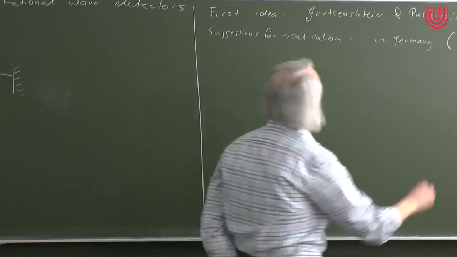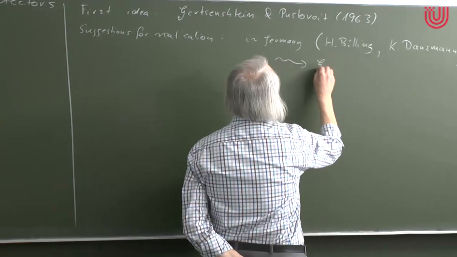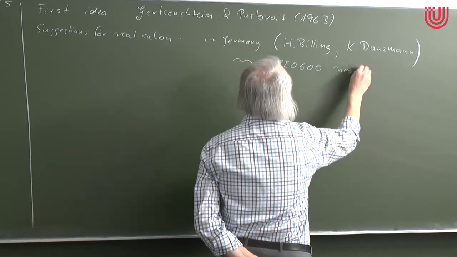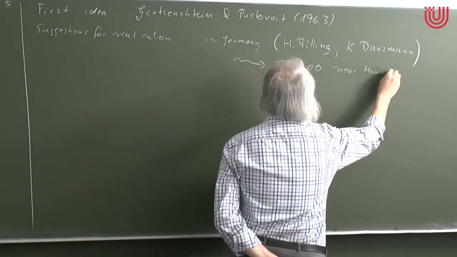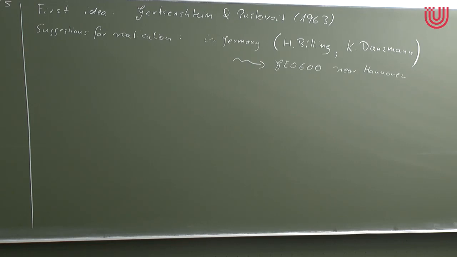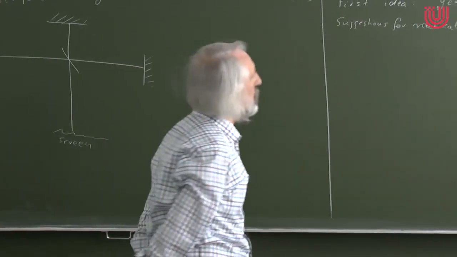So they built it near Hanover, as you all know. So this was a long development, which began in the 70s, and GEO 600 went operational around 2000. It was at the time when I was in Göttingen, so it must definitely be between 1999 and 2003. I think it was around 2000.